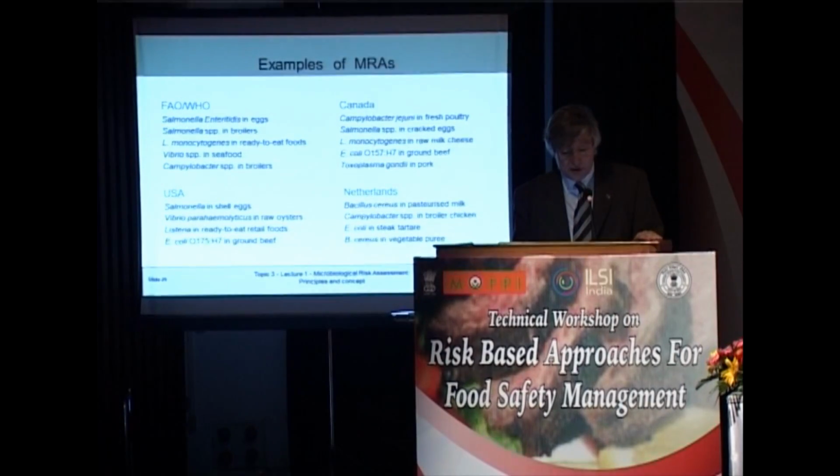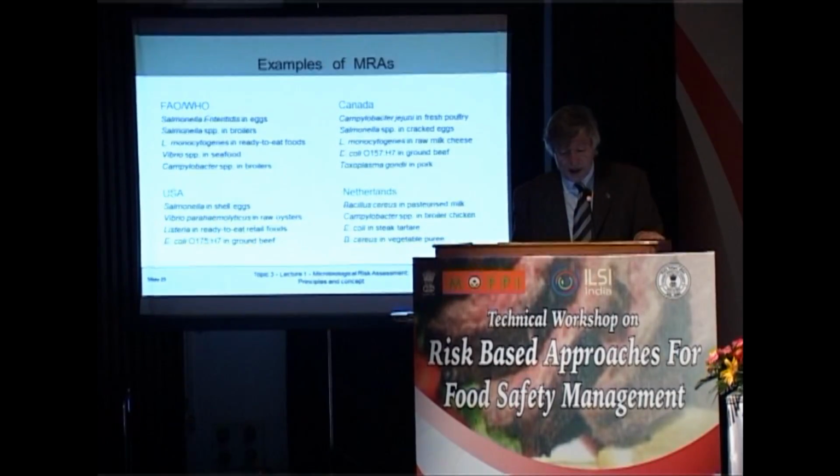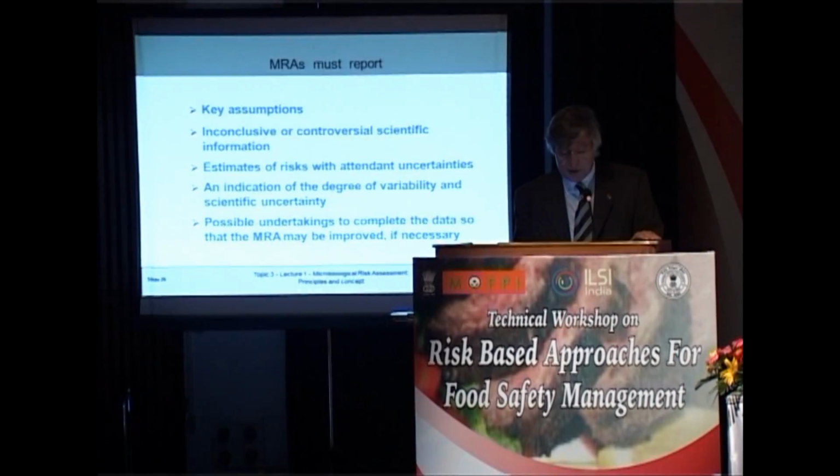Early risk assessments were done in individual countries, by academics, later picked up by governments as well. Here are some examples for Canada, the US, and the Netherlands of some early risk assessments. And to the left top, those risk assessments were then somewhat later pulled together by FAO WHO to have those global risk assessments we talked about yesterday.